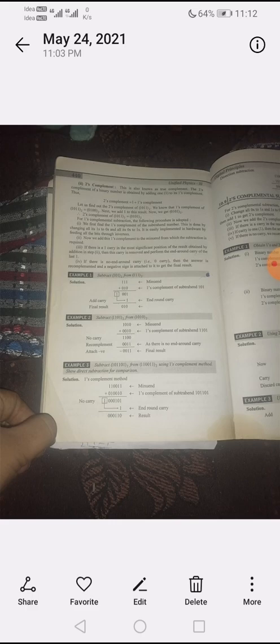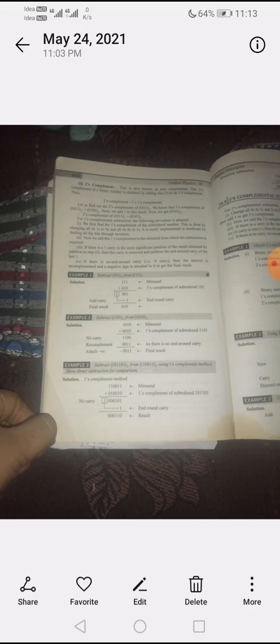If there is no end-around carry, that is, zero carry, then the answer is recomplemented and a negative sign is attached to it. We will see examples, so it is better to follow.